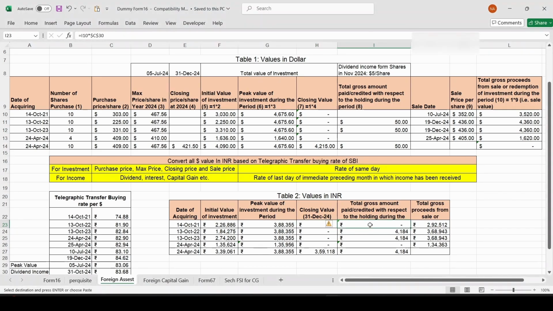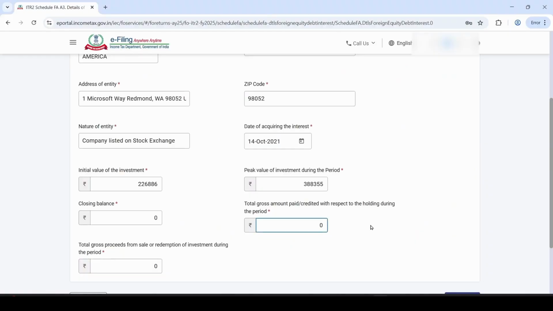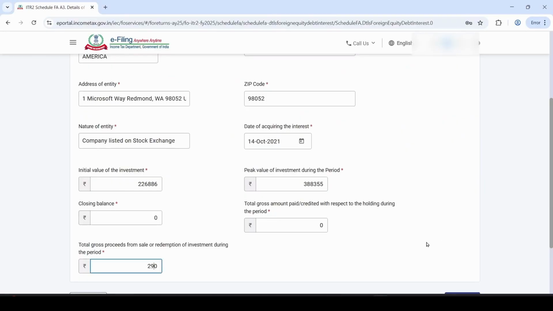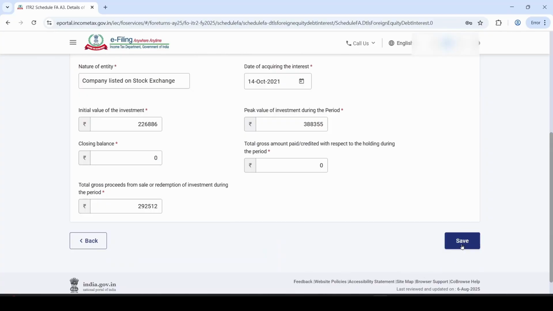We didn't receive dividend on this because we sold share before the November. So it will be also 0. Now we need to provide gross proceed from sale. Here we need to provide our sale value. So our sale value in INR is this. Click on save.